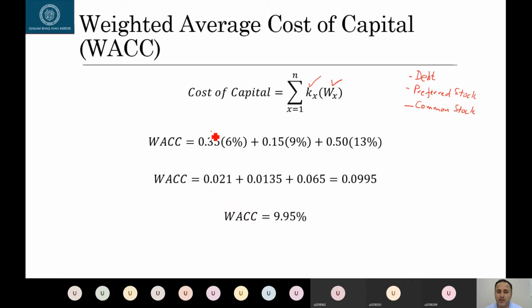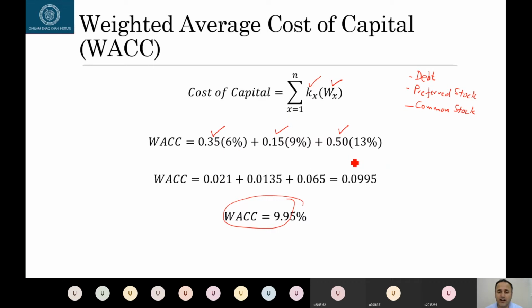The components are debt, preferred stock, and common stock. If you remember, debt had 35% contribution in the total capital, then 15% was preferred stock, and 50% was common stock. This is the way we calculate it. We multiply each individual rate by its weight, and then we add it up.